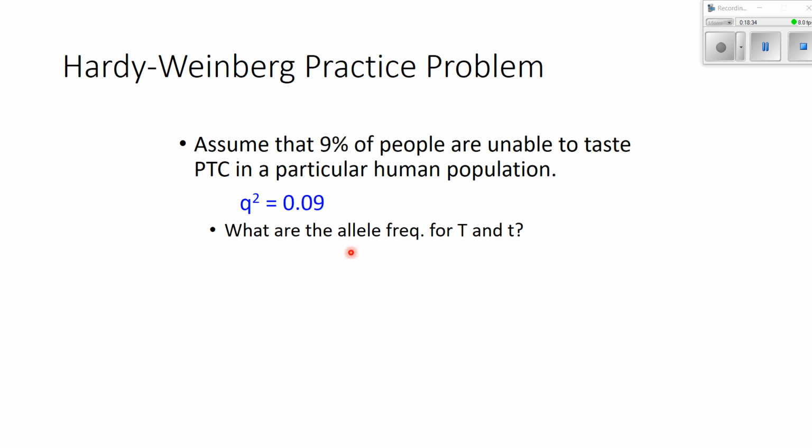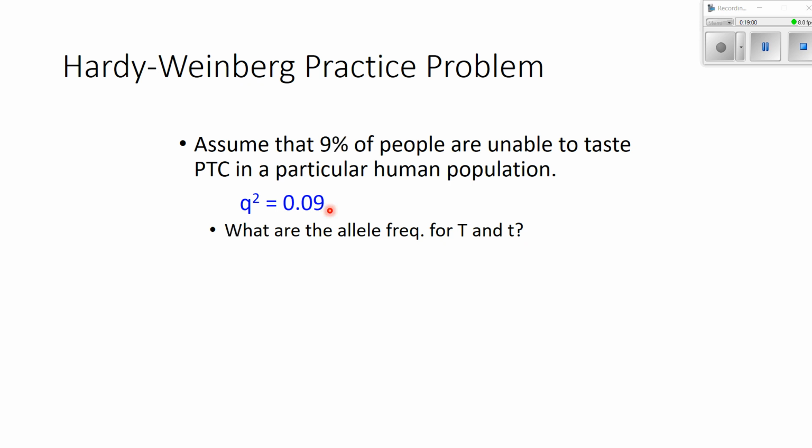So the first thing to realize is if you have a person that cannot taste PTC, they have to be homozygous recessive. So they're giving us the frequency of homozygous recessive individuals in this population. They're telling us Q squared is 0.09.